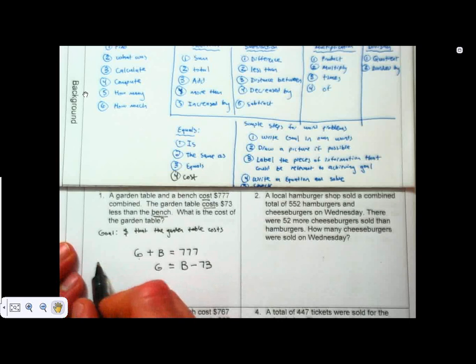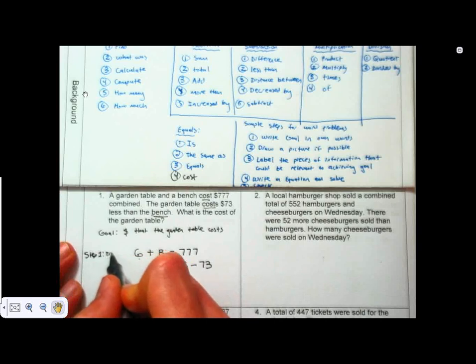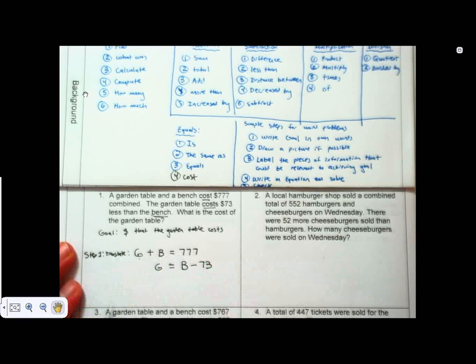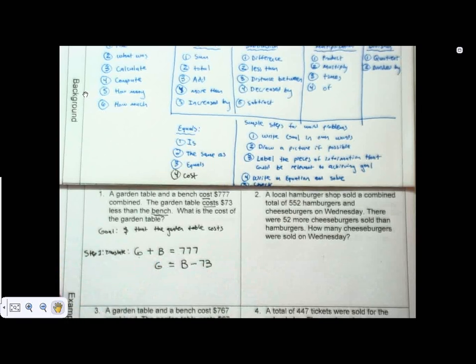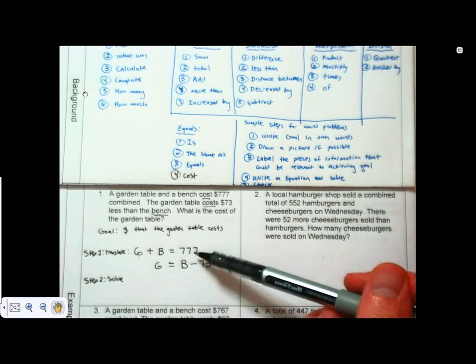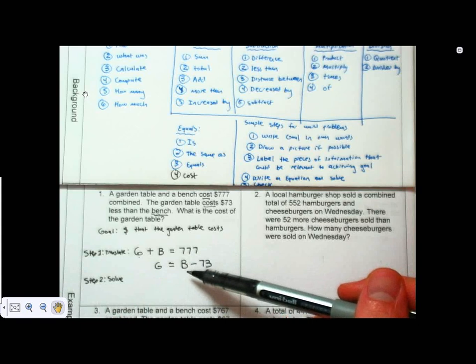Okay. So the first step is to just translate your English sentences into math sentences. And then step 2, we now have our equations. So step 2 is to solve. Notice that we have 2 equations and 2 variables.